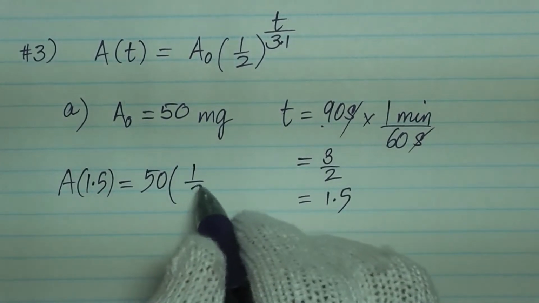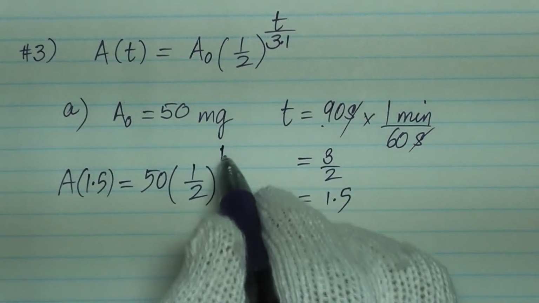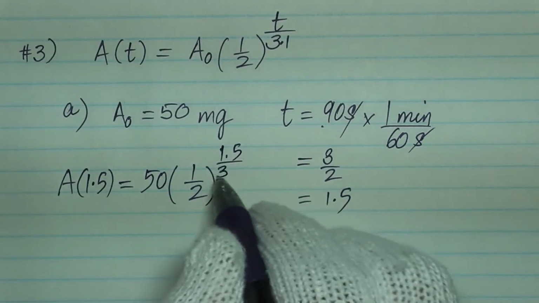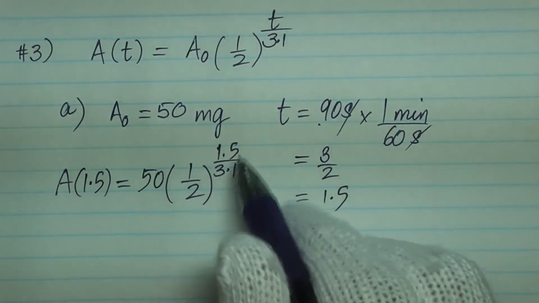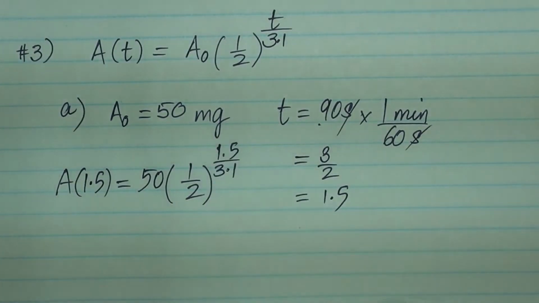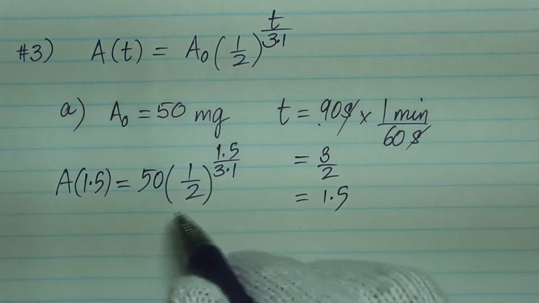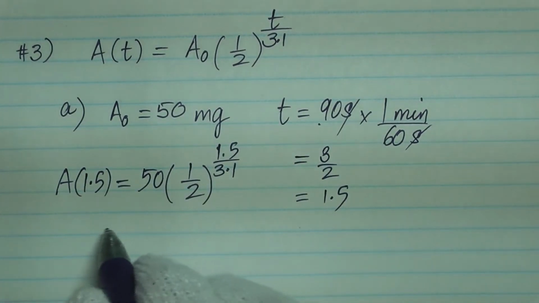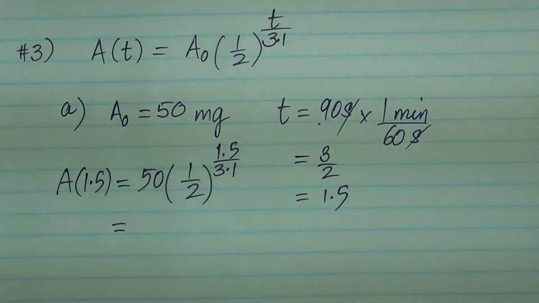50, 1/2, 1.5 over 3.1. You can see that's roughly half. So it's about 1/2 of a half-life. Put that into your calculator.